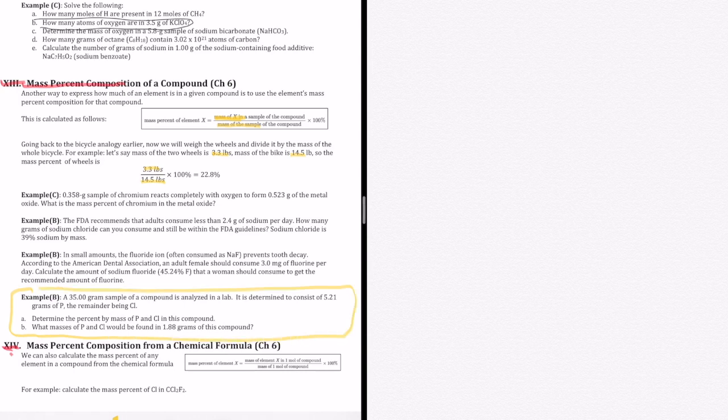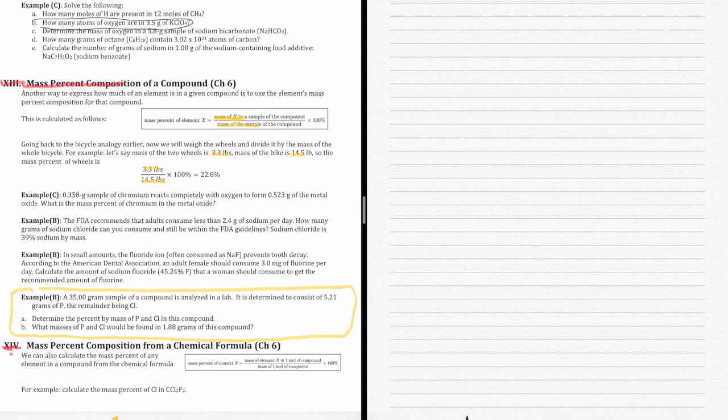Okay, let me show you now example B right here. And it says there a 35 grams sample of a compound is analyzed in a lab, and then it is determined that it consists of 5.21 grams of phosphorus, the remainder being chlorine. And the first question is just determine the percent by mass of phosphorus and chlorine in this compound. So to do that, you just need your definition of percent composition that we just learned.